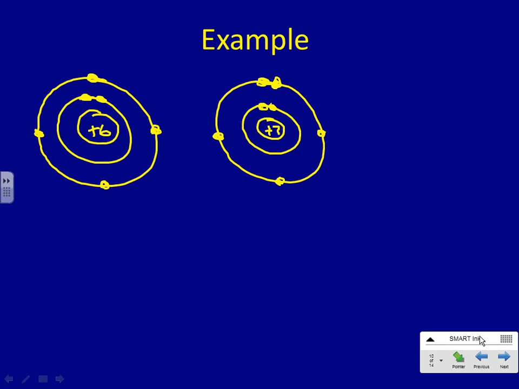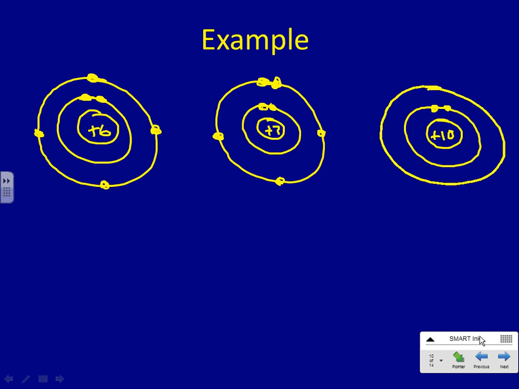When we get to neon, I'm going to just jump ahead to neon. I think we're at +10 at neon. And at neon, everybody is now paired up, and we now have that full outer shell. So you learned in the past that an atom is happy when it gets a full outer shell.